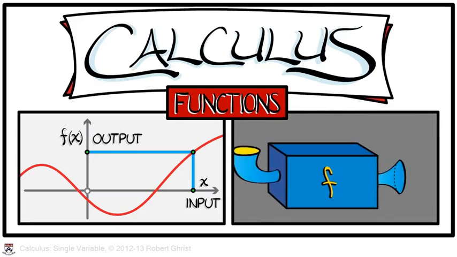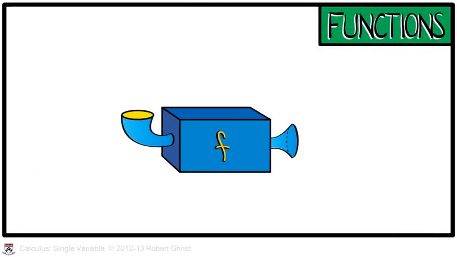Indeed, visualizing this as a machine is extremely helpful, where one feeds x into f and receives as an output f of x. With this in mind, certain terminology about functions becomes natural.